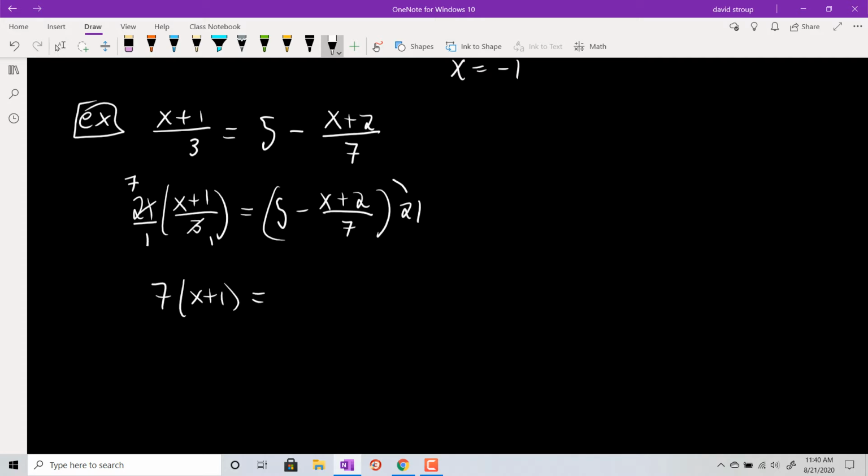On the right-hand side, we'll have 21 times 5, so 105, minus, and then when I distribute to the second guy, you'll have 21 over 7 right there. And then 21 over 7 is the same as what? Well, 3. So it would be minus 3 times that numerator. Okay. Then we distribute.